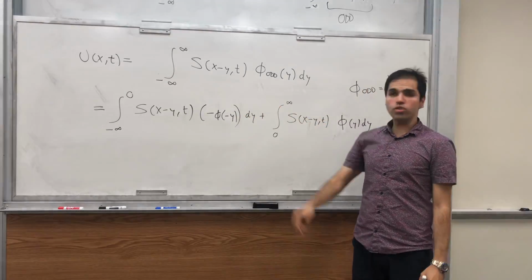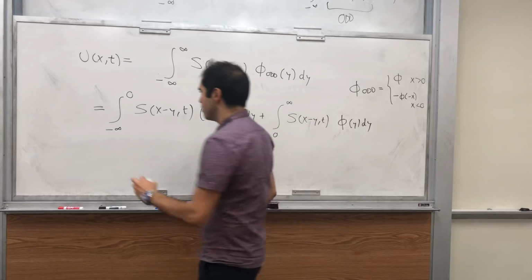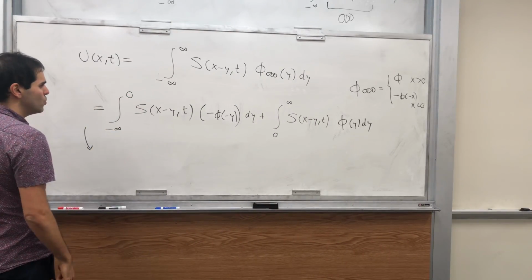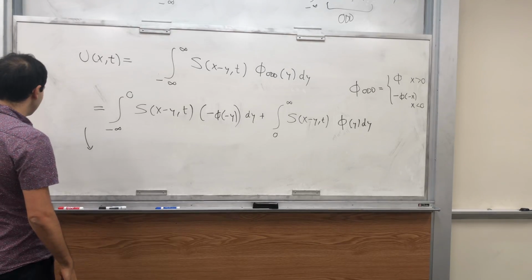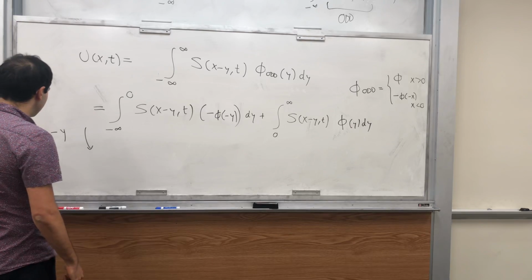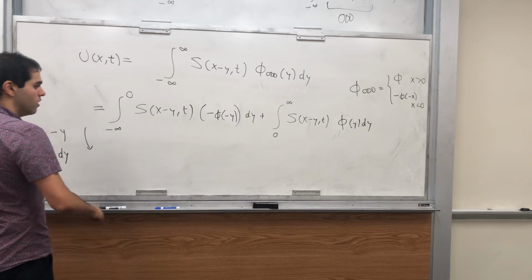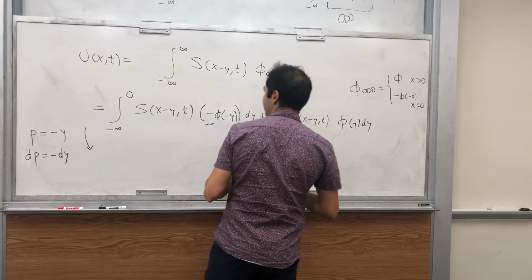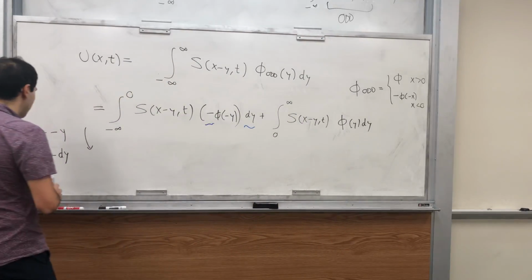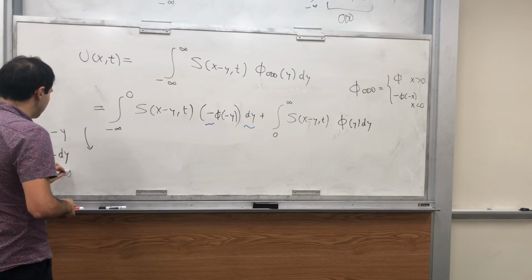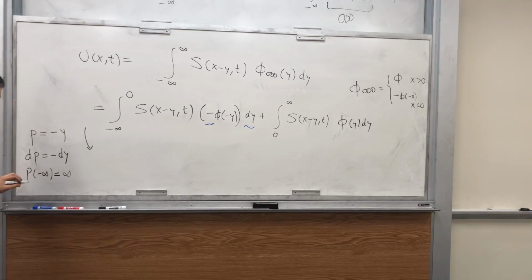This one, let's just do a quick change of variables. So no, I don't want to use u because it's our solution. Let's use p. So let p be minus y. Then dp is minus dy, which we precisely have here. Right? This is minus dy. And then p of minus infinity is infinity, and p of 0 equals 0.